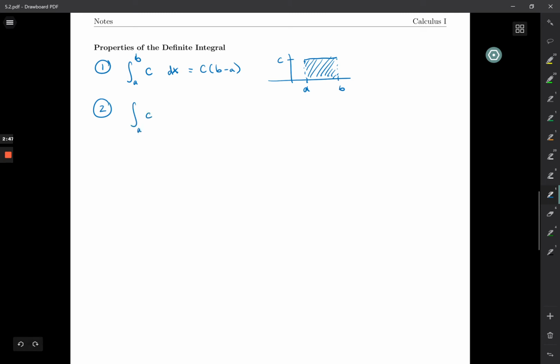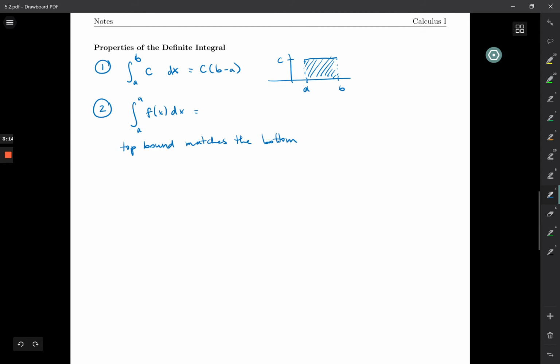Second property is if we have the integral of a function over an interval a to a. So this is if the top bound matches the bottom bound. Right?